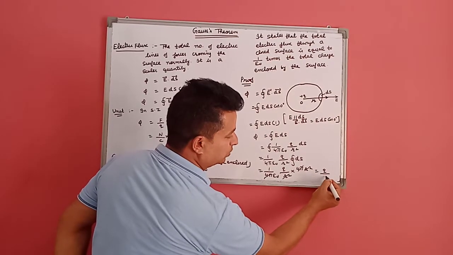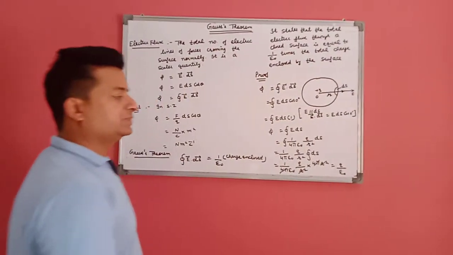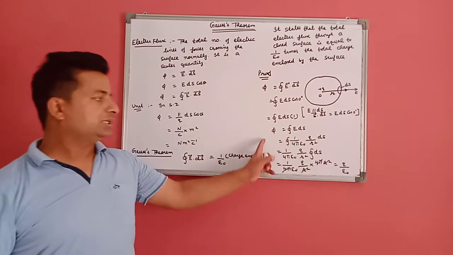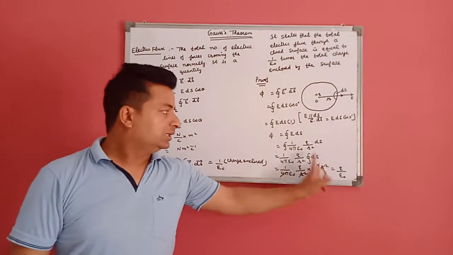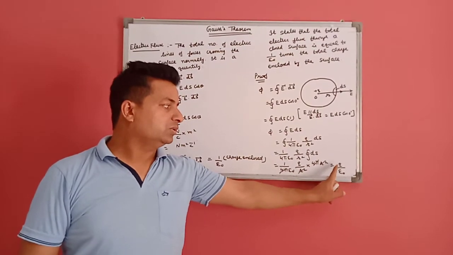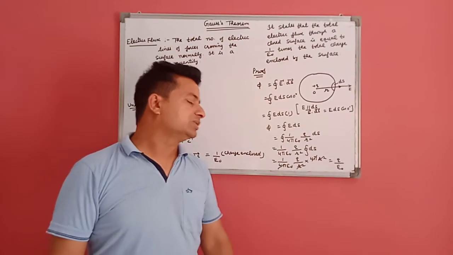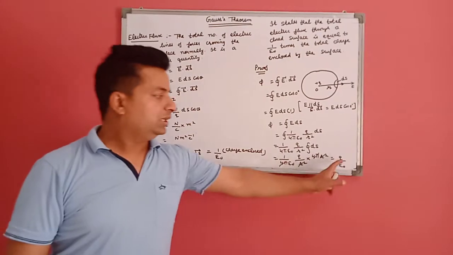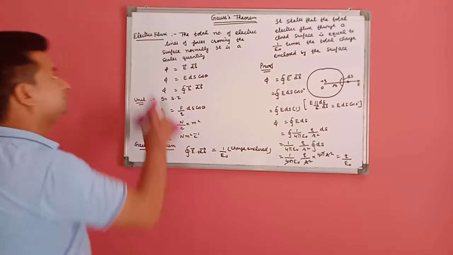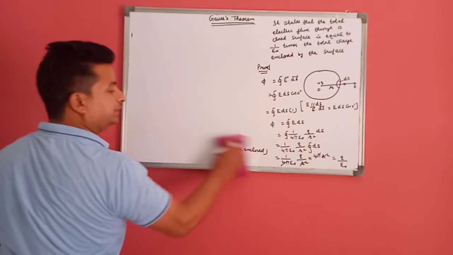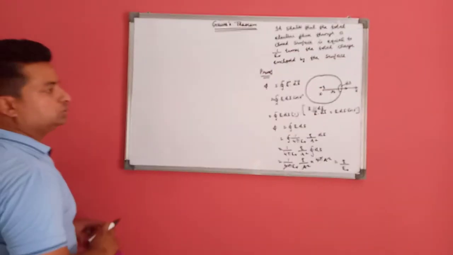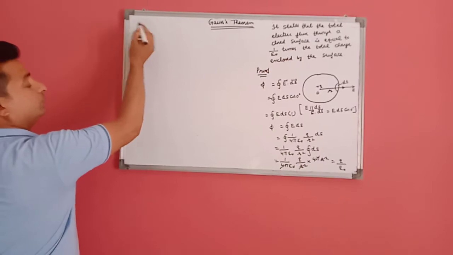So this is equal to q by epsilon naught. That is phi is equal to q upon epsilon naught. This means the total electric flux is equal to 1 by epsilon naught times the total charge enclosed by the surface. In the next topic, we deduce Coulomb's law using Gauss theorem.